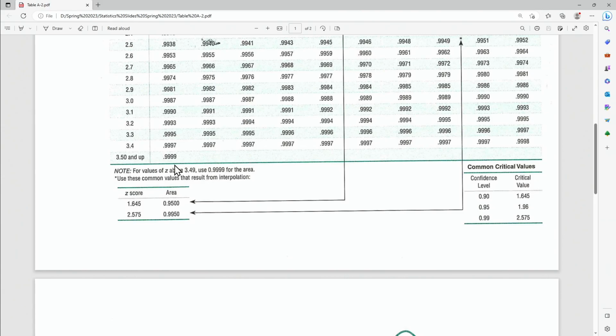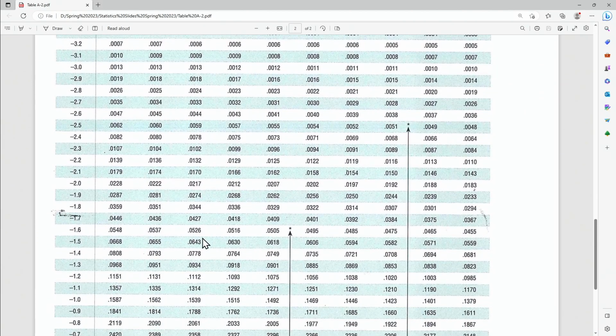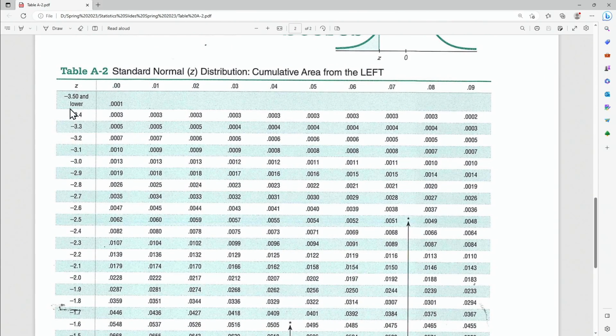And just so you know, for your homework, if you have a z-score that is smaller than negative 3.50, you're going to be using an area of 0.0001. So you may or may not see that at some point.